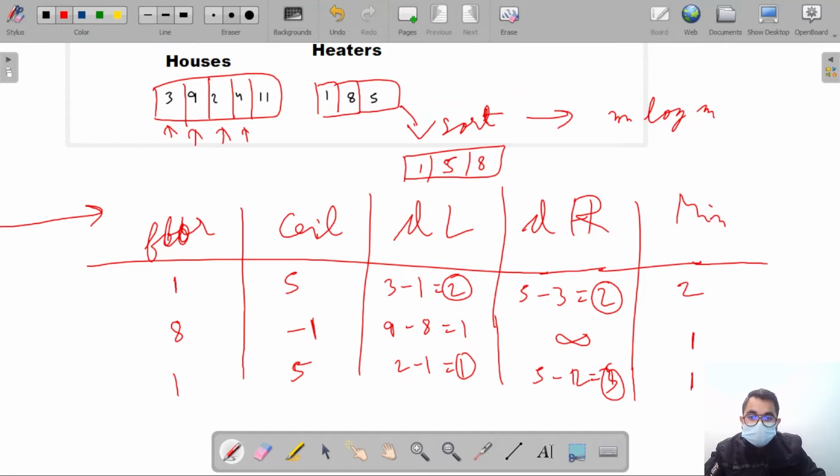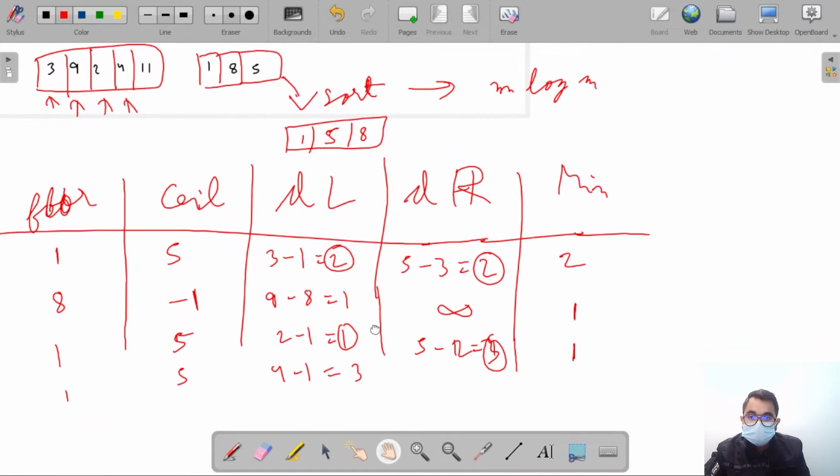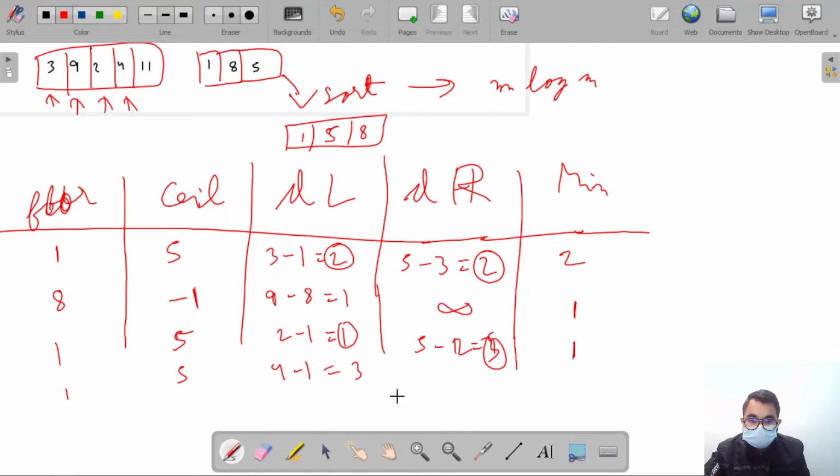Now for 4, floor will be 1, ceil will be 5. Distance from left will be 4 minus 1, which is 3, and the distance from the right will be 5 minus 4 equal 1. 1 is the minimum distance.